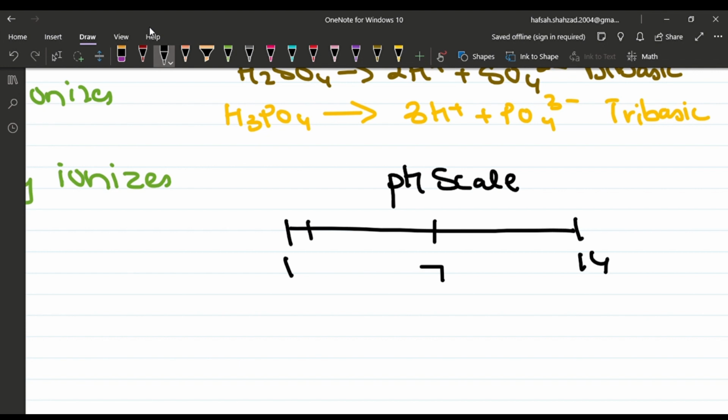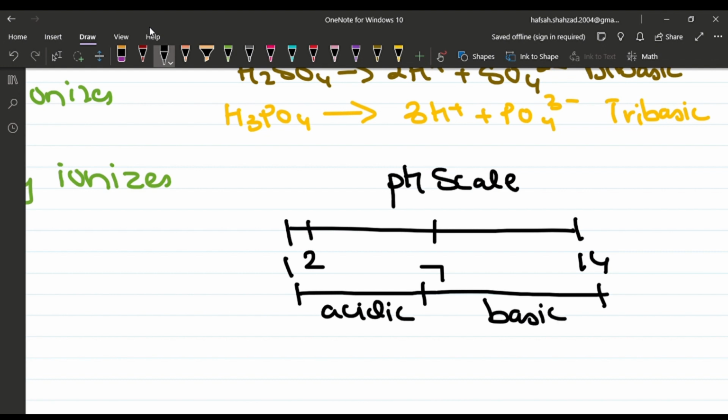Because 2 is very close to 1 and very far away from 7, it means the compound is very acidic. From this we infer that all compounds that have a value from 1 to 7 are acidic, those from 7 to 14 are basic, and those that have a value of 7 in aqueous solution are taken to be neutral.